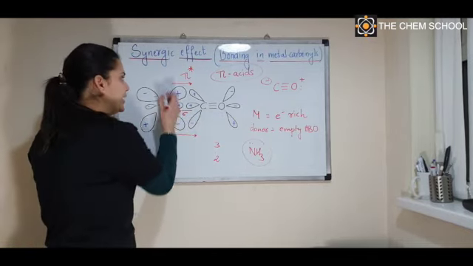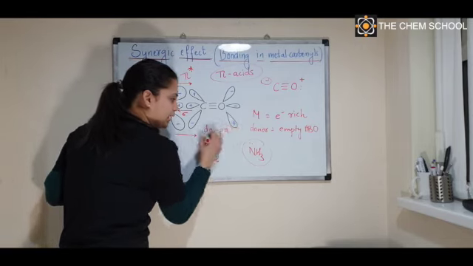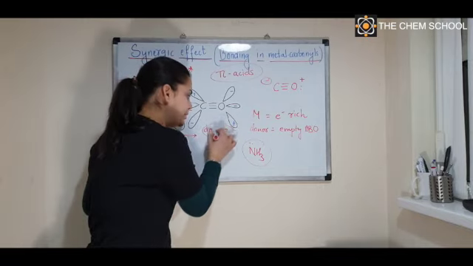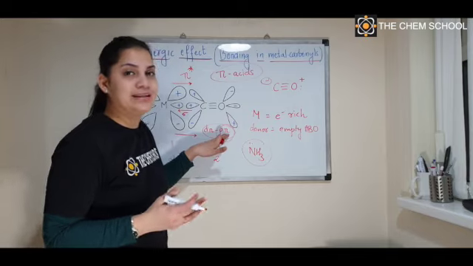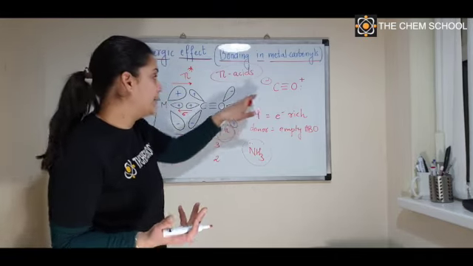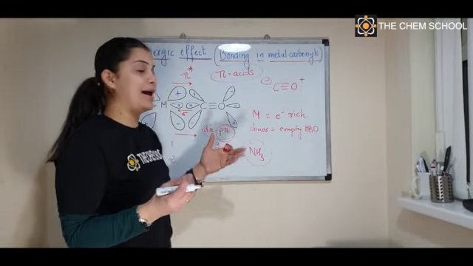So this bonding is d pi p pi bonding, and this p pi indicates that they are pi acids. This is what you will say, that they are all pi acids, but they are p pi acids. I repeat, because carbon has the last electron in its p orbital, they are p pi acids.